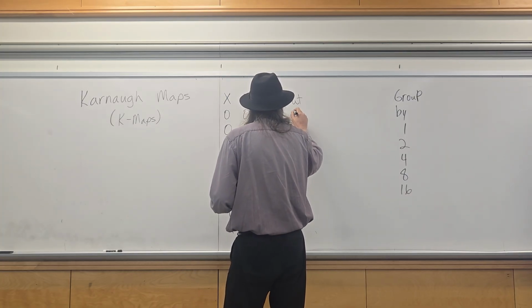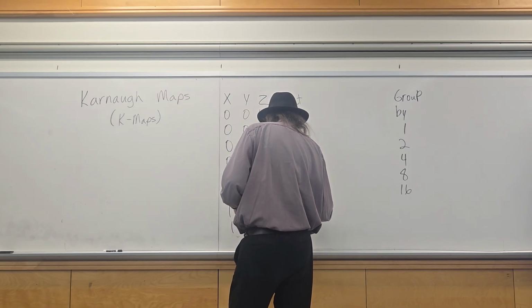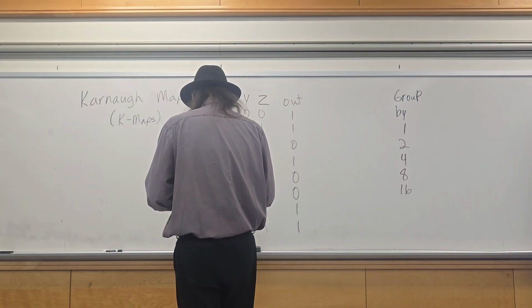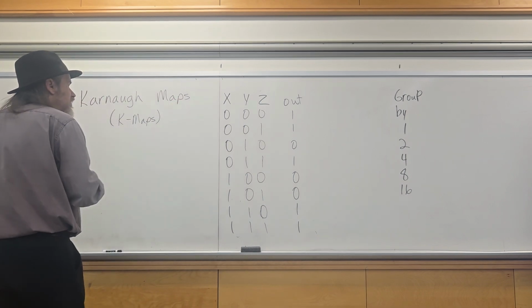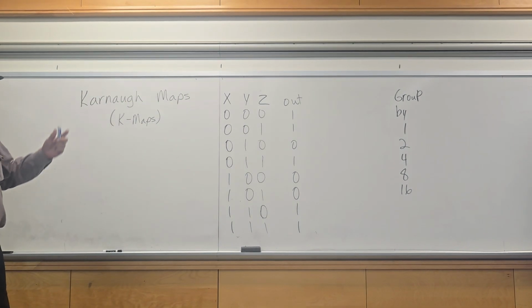Let's say 1, 1, 0, 1, 0, 0, 1, 1. Just making these up as I go along here. You have 3 variables, 8 combinations.